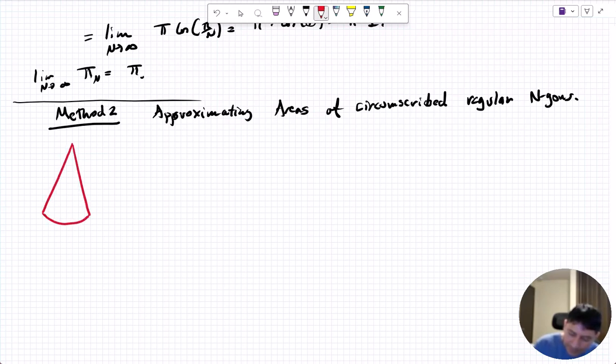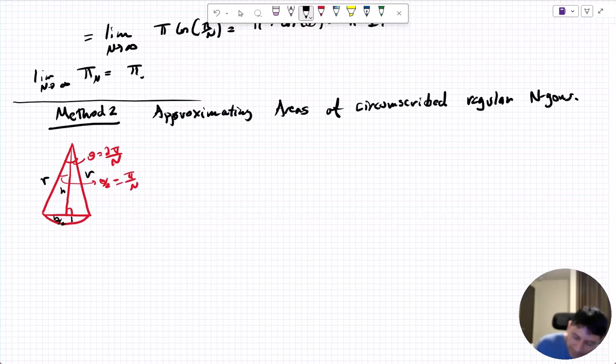It's got an angle theta, which is equal to 2 pi over capital N. And we want to find this area. So now remember, this is theta over 2, which is pi over N, and this is the radius r. Well, let's make that black because it's a known quantity. Now we have the base, no, the height actually, and the base.